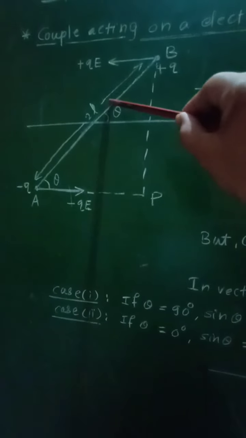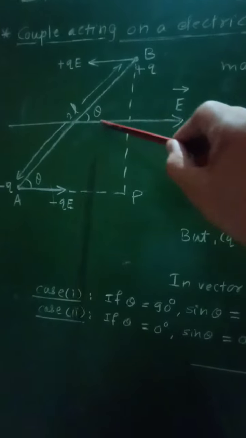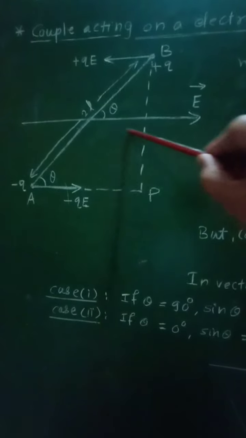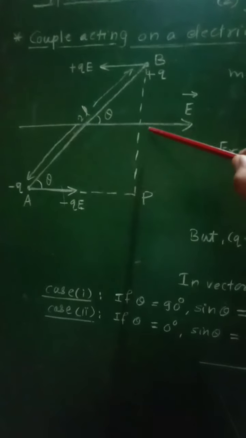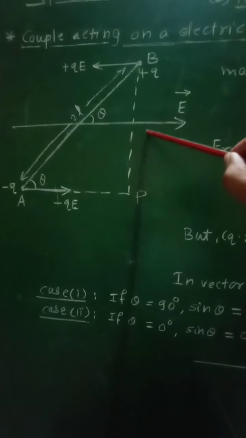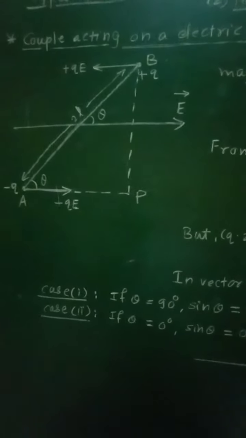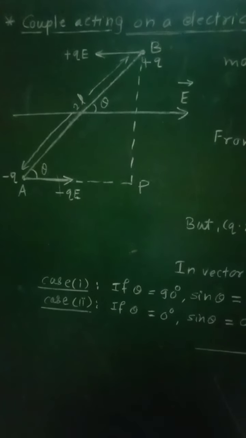Now this torque is acting on this electric dipole so as to make the axis of the electric dipole parallel to the direction of electric field, and hence when the electric dipole is parallel to the direction of electric field, it will be acted upon by no torque or couple. But if it is perpendicular to the electric field, it will be acted upon by the maximum couple or torque, that is equal to PE.